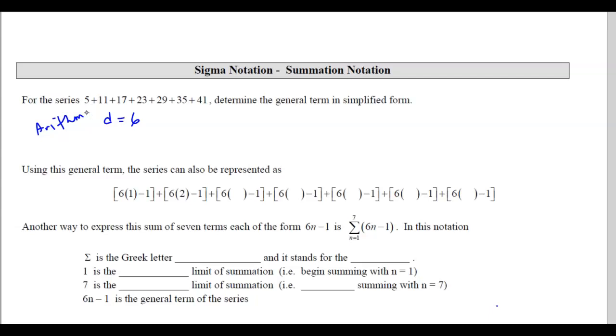And what do we know here? We know our first term is 5. And it says, determine the general term in simplified form. So Tn is the first term plus n minus 1 times the common difference. And simplify it.